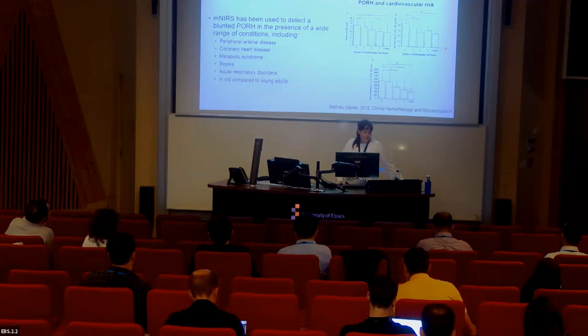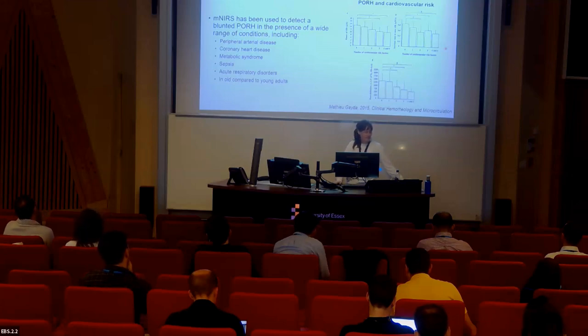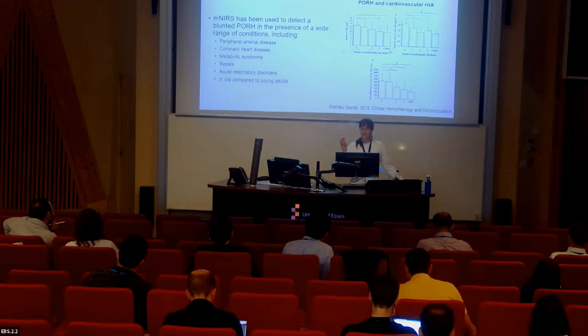So mNIRS has been used to detect a blunted post-occlusive reactive hyperemia in the presence of a whole range of conditions. And this includes peripheral arterial disease, coronary heart disease, metabolic syndrome, sepsis, respiratory disorders, and the list kind of goes on. It's also been used to compare older and younger adults. And in this figure, which I've borrowed from a paper in 2015, the authors looked at the number of cardiovascular risk factors that an individual had.